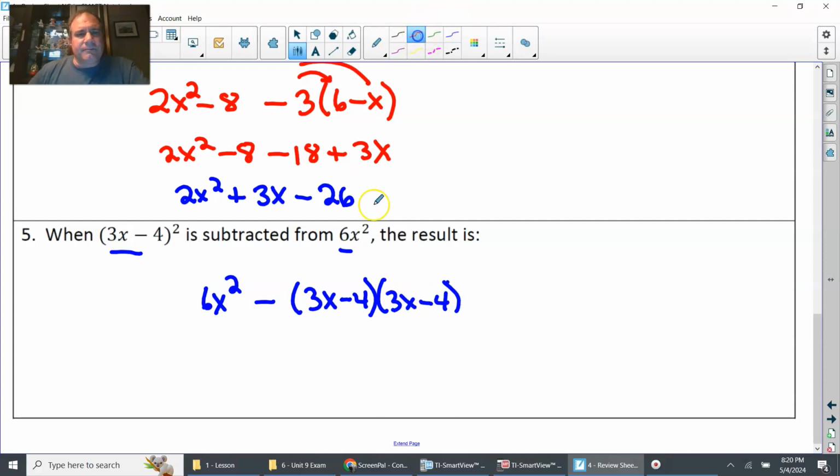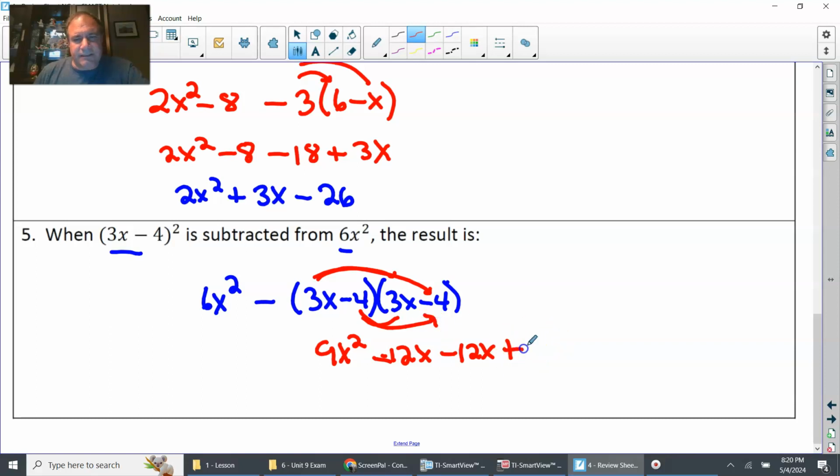So I'm going to do just some distributive property here. So we're going to have 3x times 3x is 9x squared. Then 3x times negative 4, which is negative 12x. This is also a negative 12x. This right here is a positive 16. So this is 6x squared.